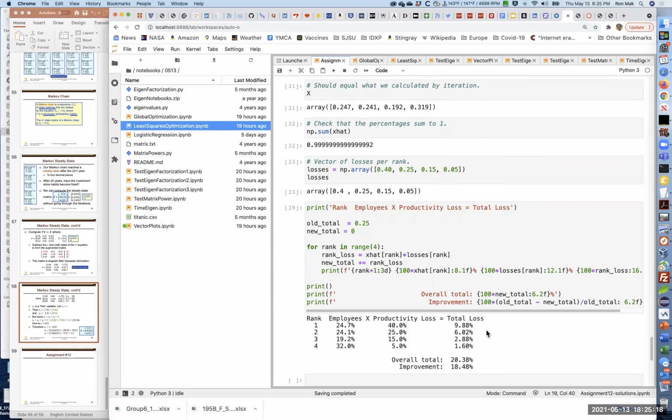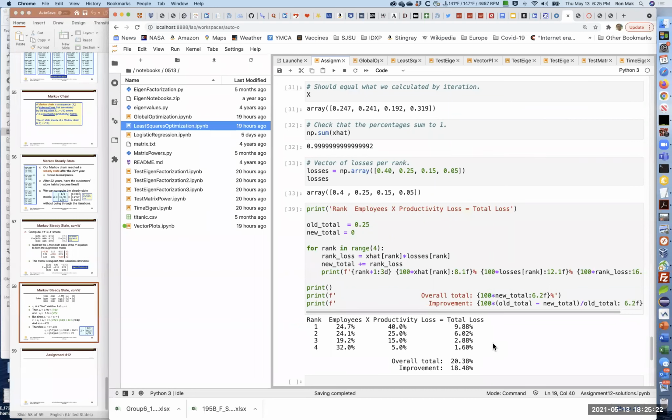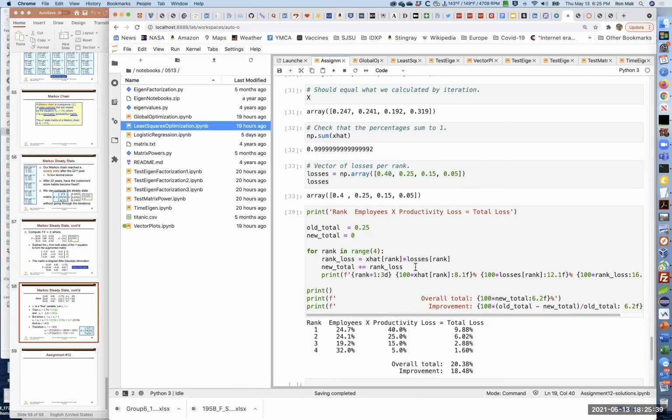The improvement number, I think it's not right, because you have to subtract the 20.38 from the 25%, right? Okay, so what did I do? The new overall total was 20.38. Oh, okay.